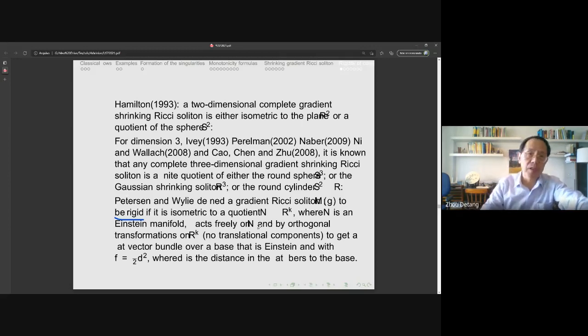That means, in this case, all the rigid ones have constant scalar curvature.